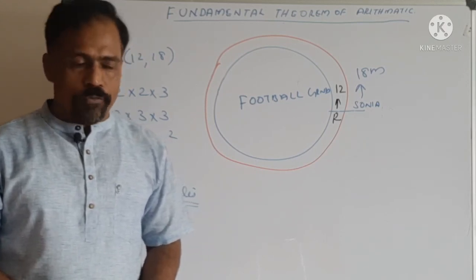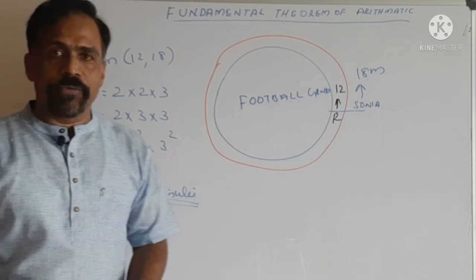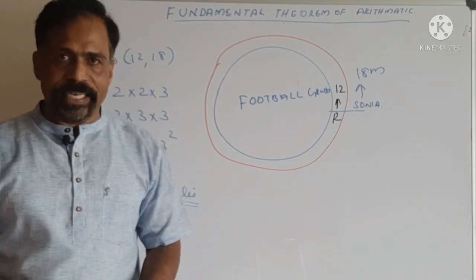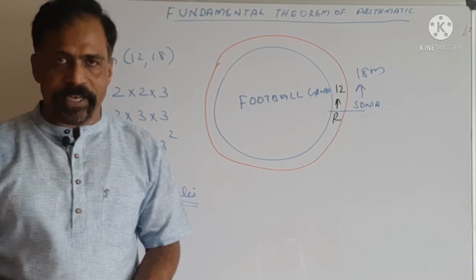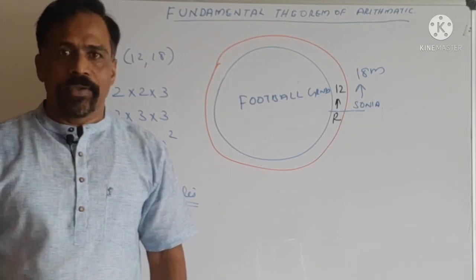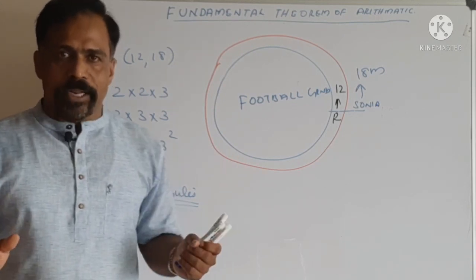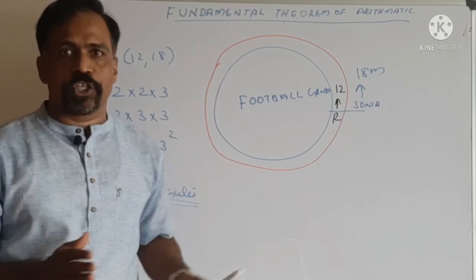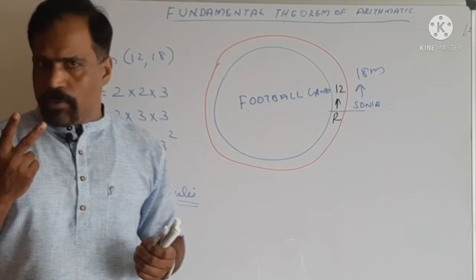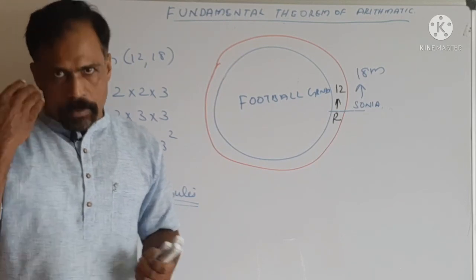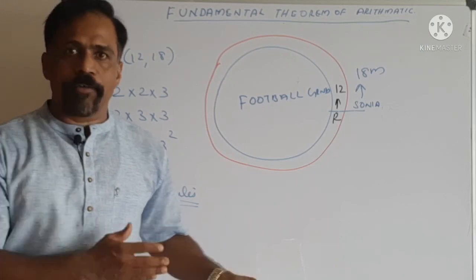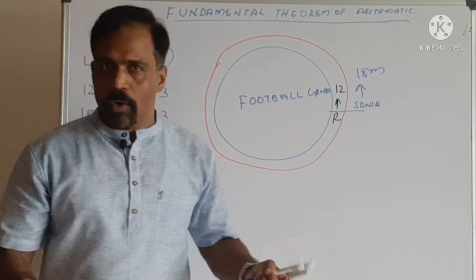So, that is all for today. Let us have a quick revision of what we have learned today. Today we have studied the fundamental theorem of arithmetic. In that, we said all composite numbers can be expressed as the product of prime numbers. There are two conditions: it is unique in its own way, apart from the order in which these prime numbers occur.